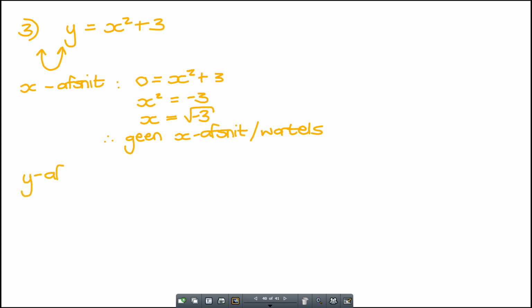So the y-intercept, how do we get that? We make x 0, so y is equal to 0 squared plus 3, which means that y is still just 3.